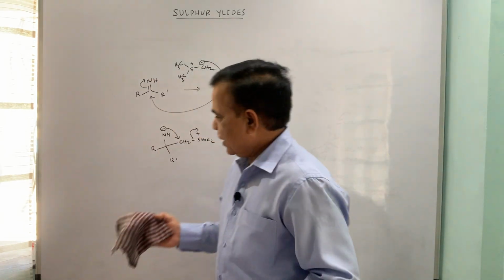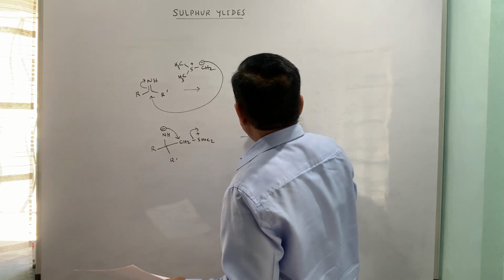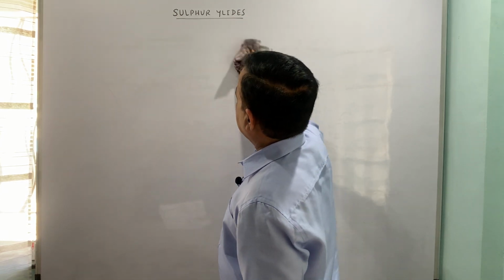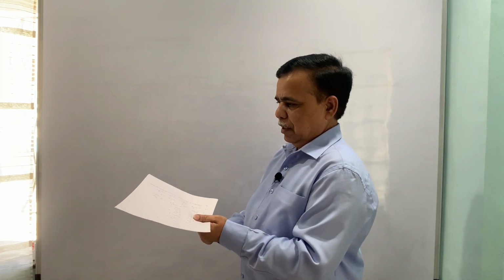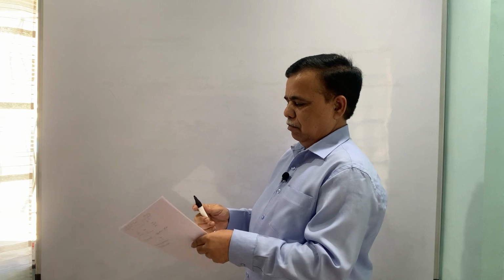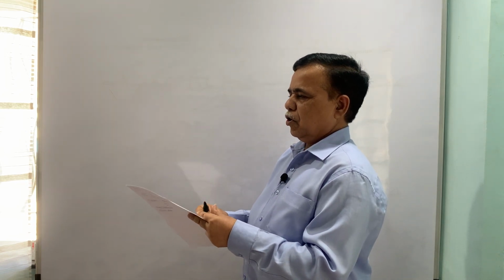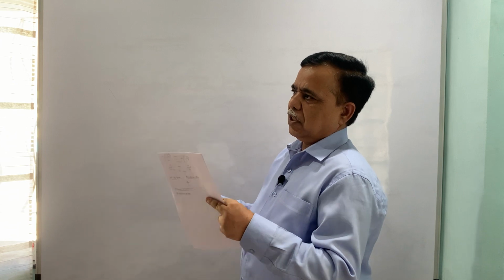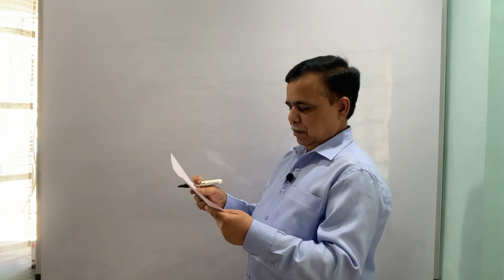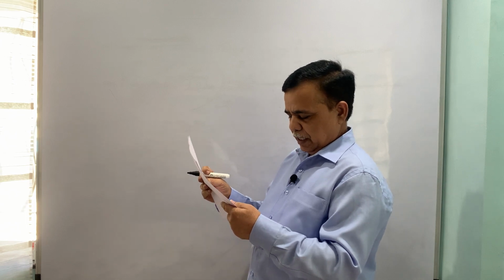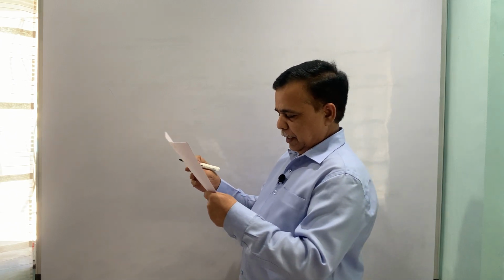Let us see some more examples, and of course I am going to put this questionnaire on the Google Classroom so that you can solve them, and maybe next lecture we can spend time on the nitrogen ylides, the Stevens and Sommelet-Hauser rearrangement, and some other rearrangements in detail. Okay.